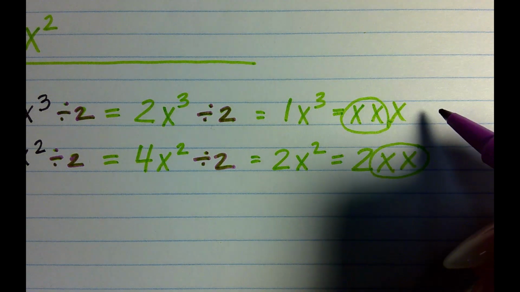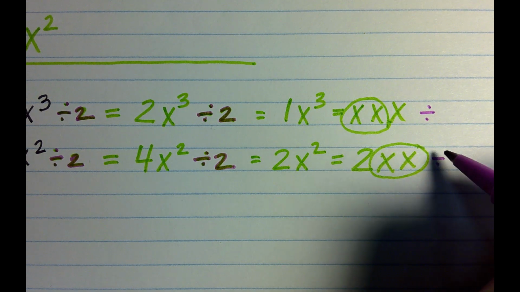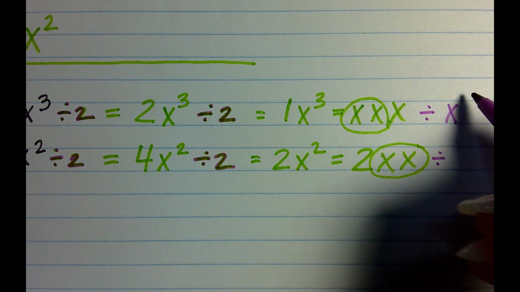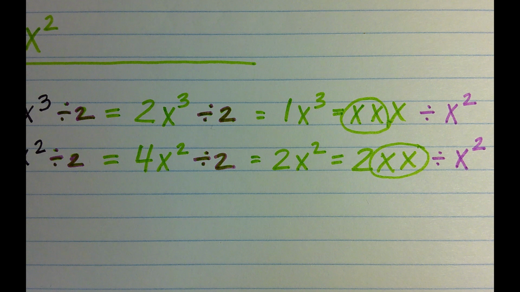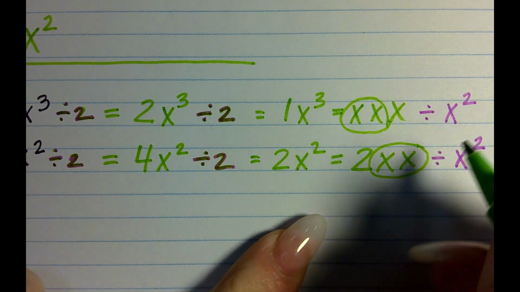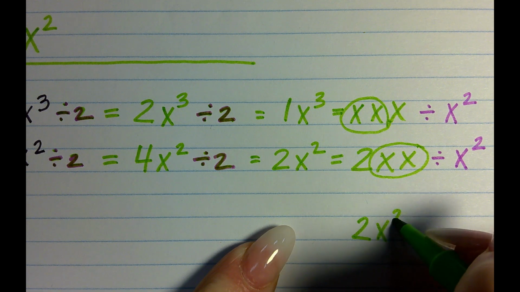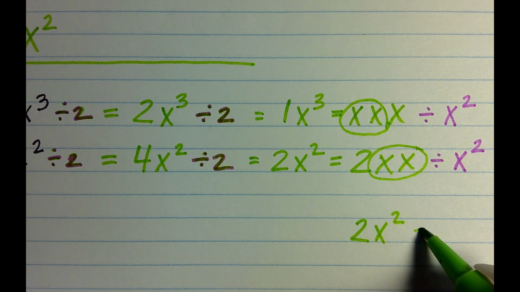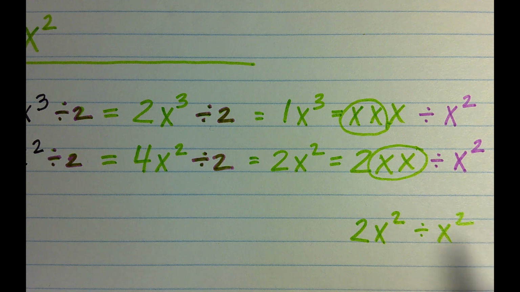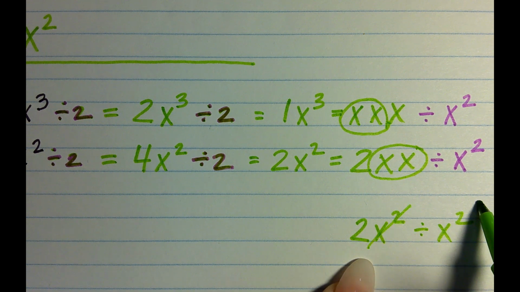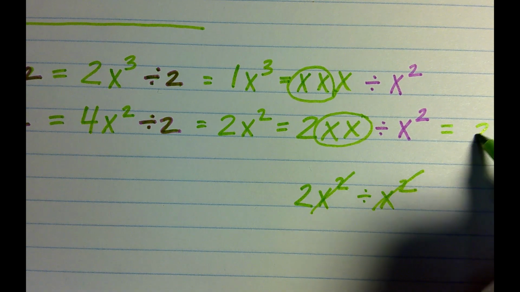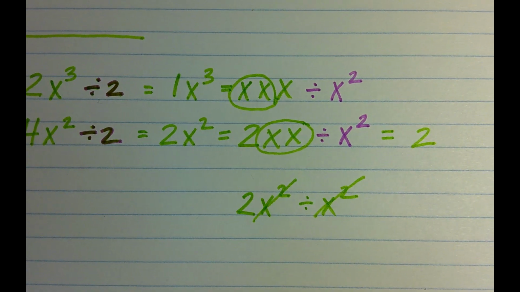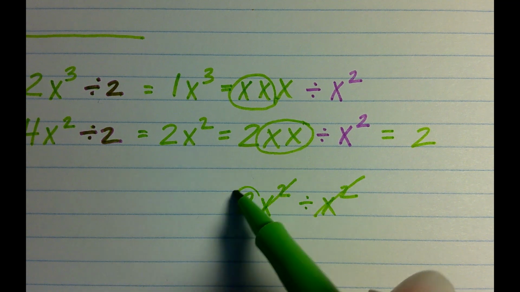So if I were then to divide by x squared, here's what happens. 2x squared divided by x squared. These will cancel out. And we just get 2. That's all that would be left there.